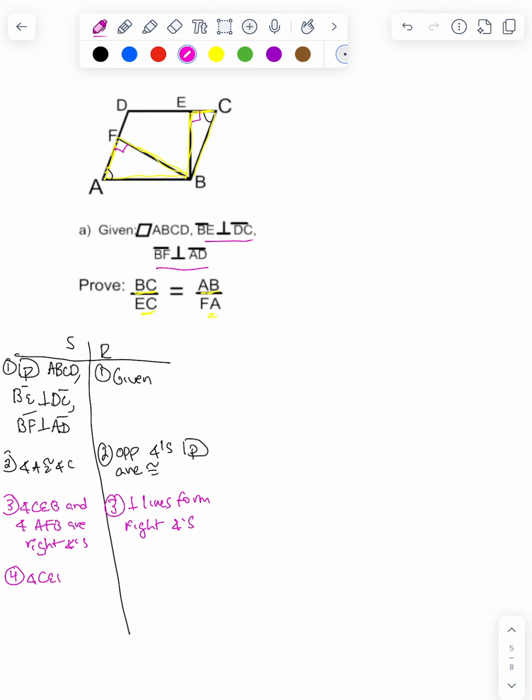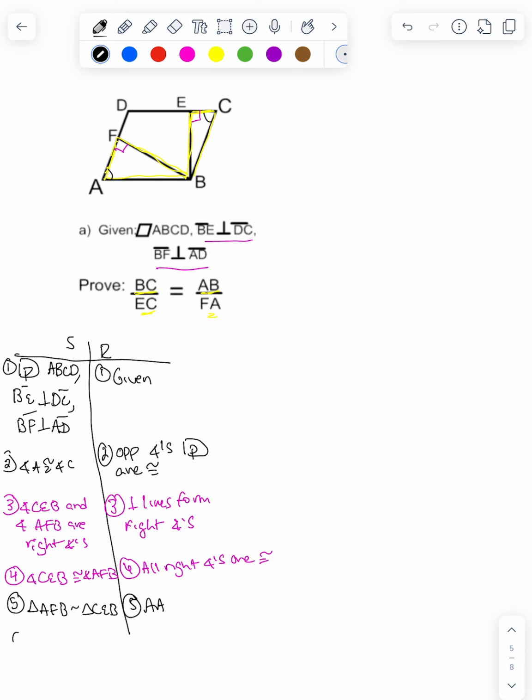So we can say that the angles are congruent to each other. And that's because all right angles are congruent. So now we can say that triangle AFB is similar to triangle CEB by AA.